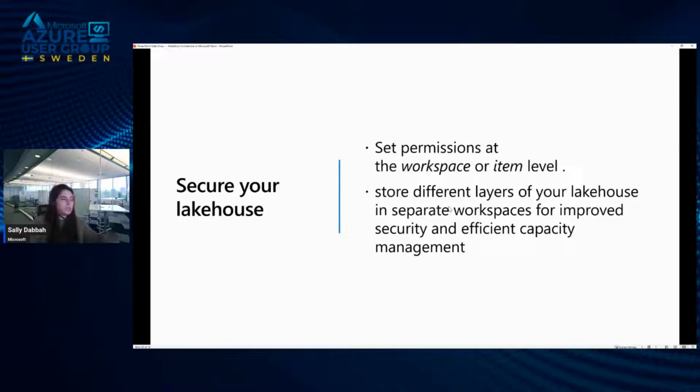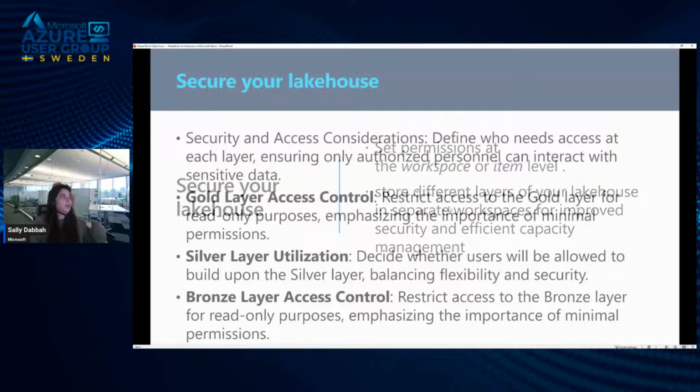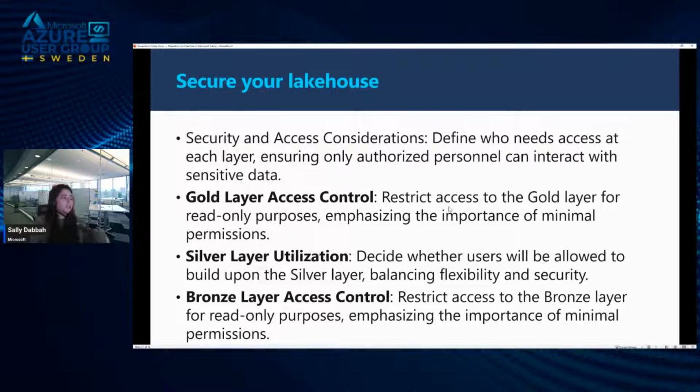You can also secure your lakehouse, you can set permissions, and so on. And we have certain accesses to different layers. Like for the gold layer, you should restrict access to read only, because all the transformations are already done. And you should emphasize the importance of minimal permissions.